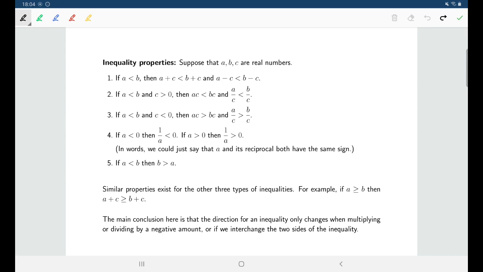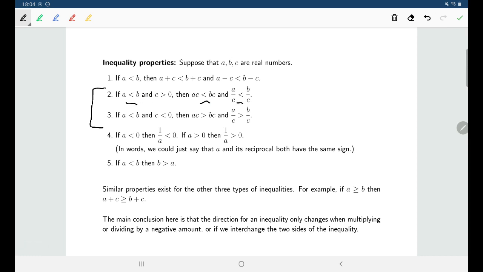For inequalities, there's a little bit of a plot twist here, which is statements 2 and 3. What happens depends on whether we're multiplying by or whether we're dividing by a positive number or a negative number. In 2, the number that we're multiplying by or dividing by happens to be positive. And if that's the case, then the inequality is in the same direction as it was to begin with.